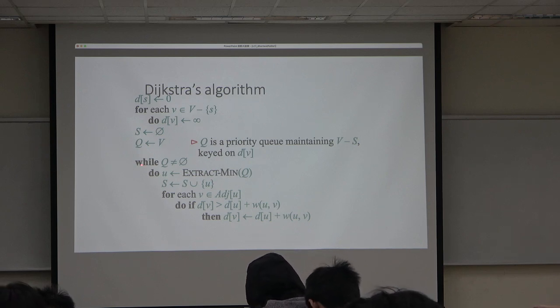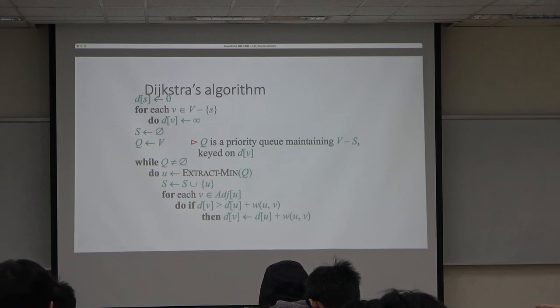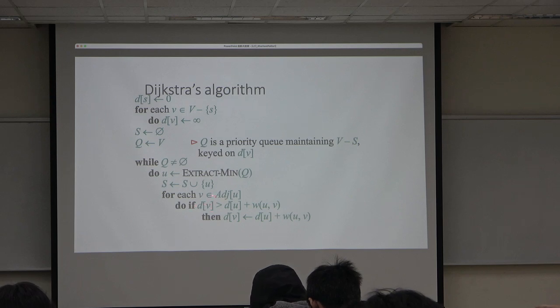Of course, in the next loop, it may be different. After you include this node, for each neighbor of U, if dV is greater than dU plus wUV, then you update the value of dV to be this one.